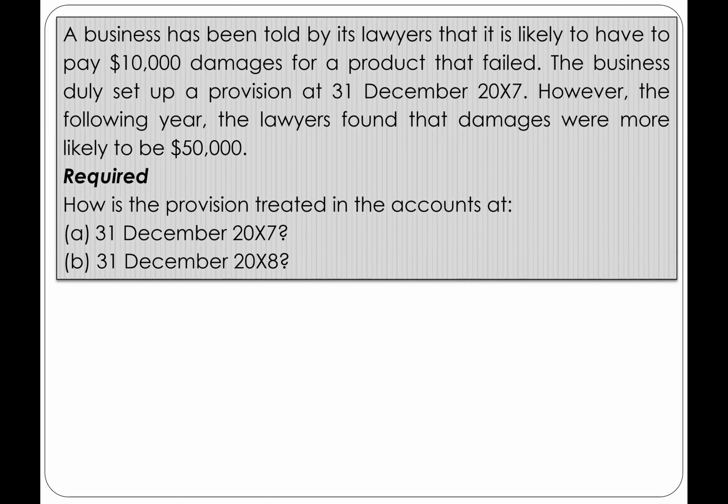So we are going to debit the damages expense account and credit provision by a further 40,000, which means our provision account will now have a balance of 50,000. So that's basically how we will treat this account.